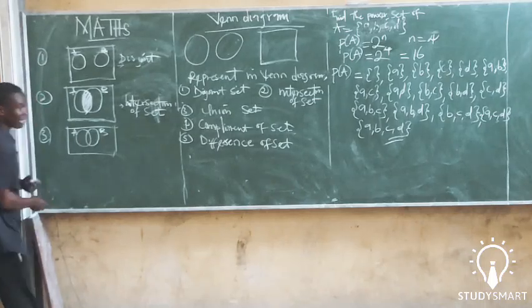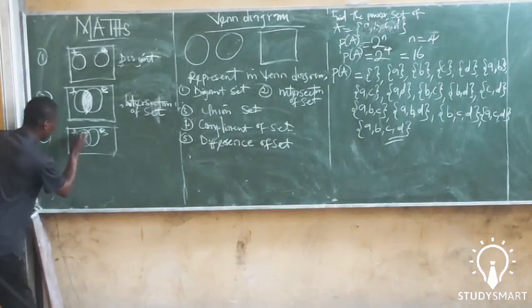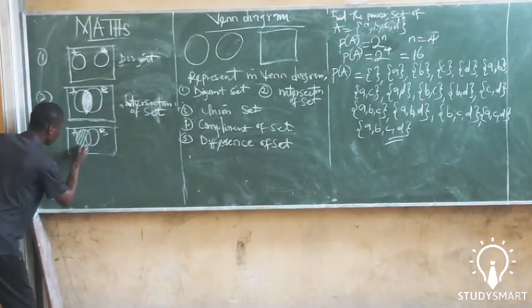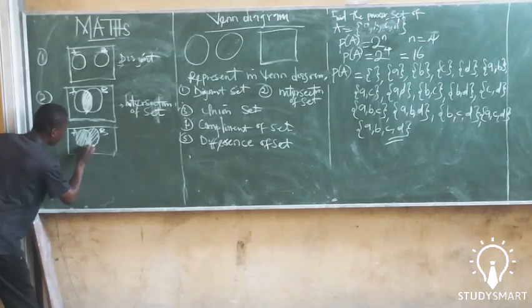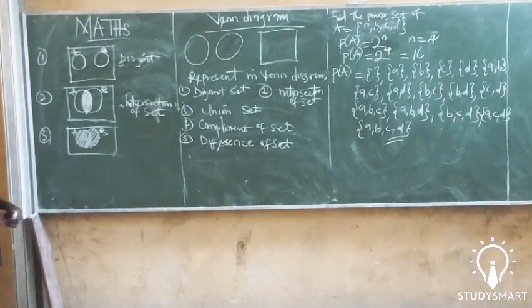So how do I represent that in a Venn diagram? All elements in set A combined with elements in set B gives me the union set. So this is how it is represented.